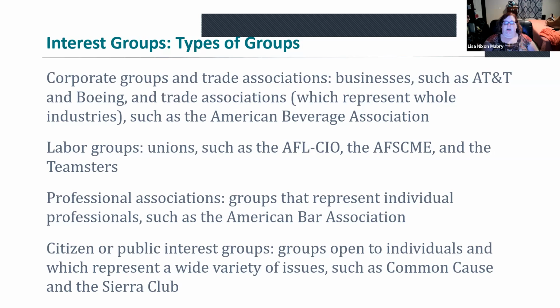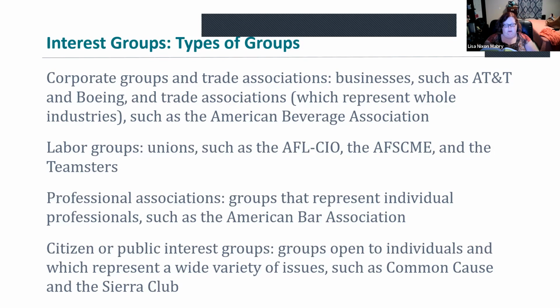The second one are labor groups, which is exactly what it sounds like, your unions. Like your teachers union, for example. When you hear unions, a lot of people are familiar with teachers unions. United Auto Workers, United Mine Workers, Teamsters lobby on behalf of private sector labor.